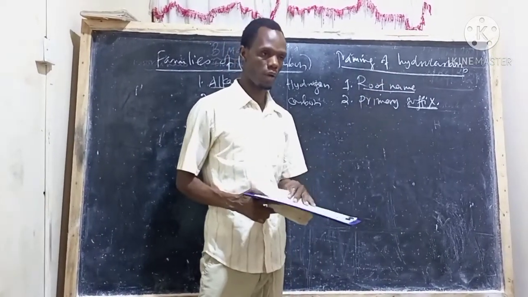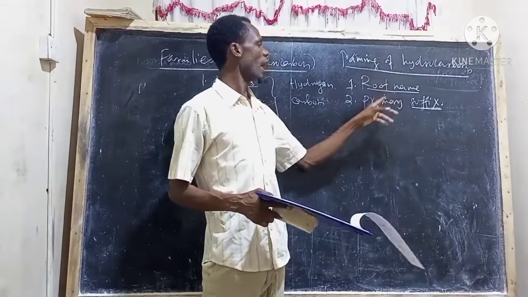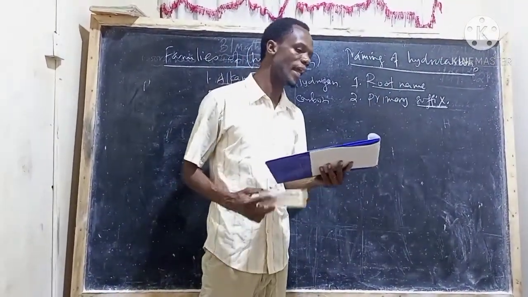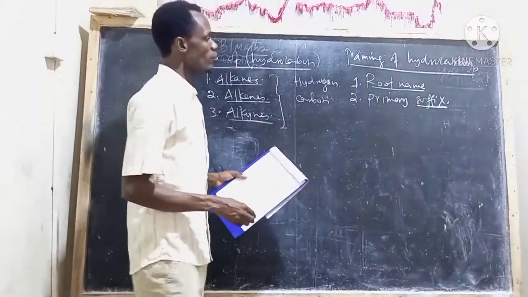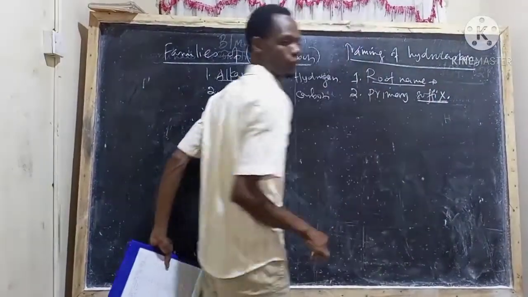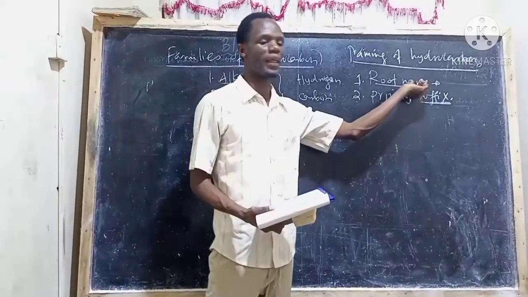So we understand that you must first know the root name. Now, what is the root name and what is the primary suffix? The root name indicates the nature of the basic carbon chain making up the hydrocarbon, meaning how many carbons are there.